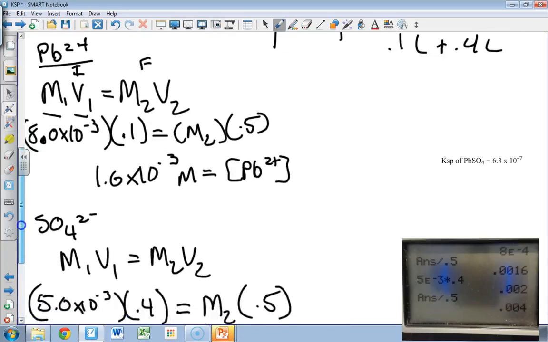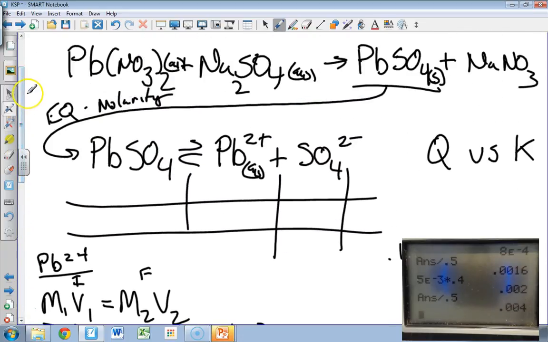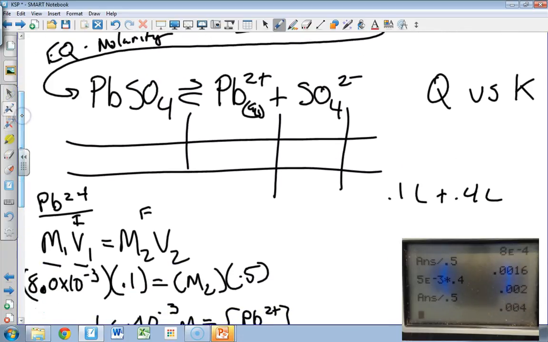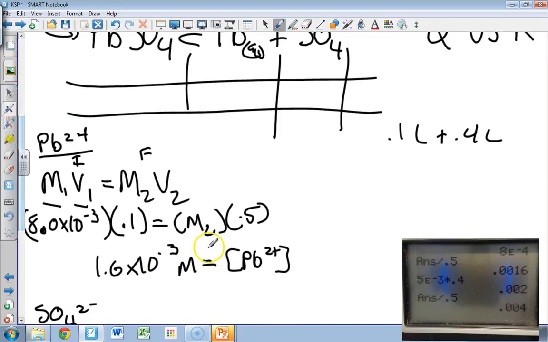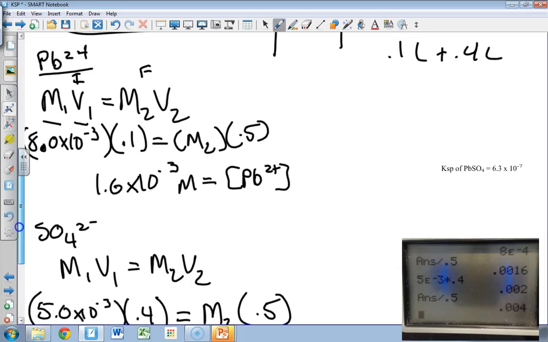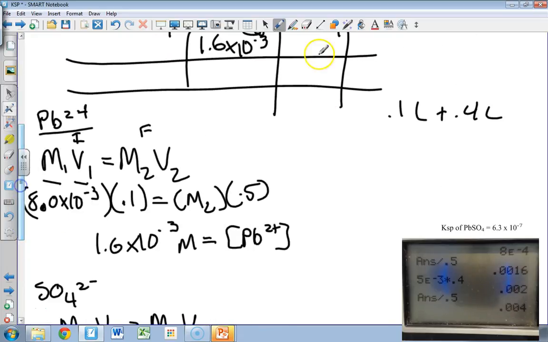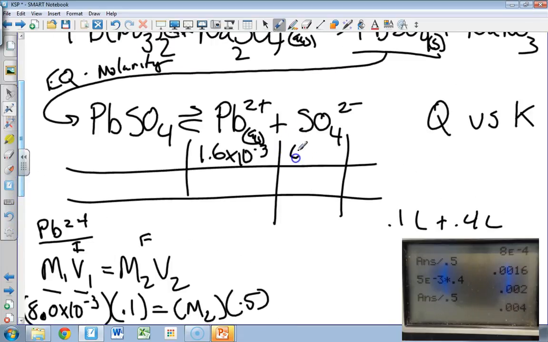Okay. Sounds awesome, right? So now we want to compare Q to K. Well, the concentration of lead that we're worried about here is 1.6 times 10 to the minus 3, and the concentration of sulfate is 4.0 times 10 to the minus 3. Okay?